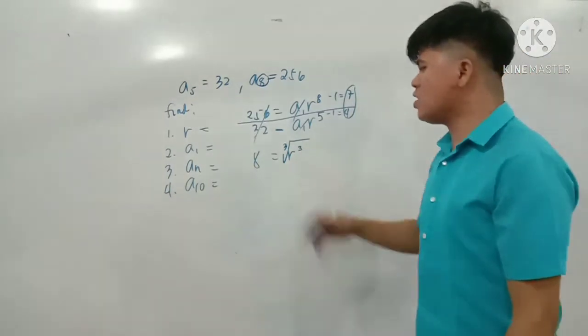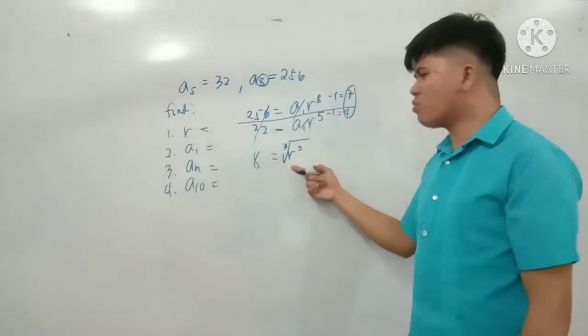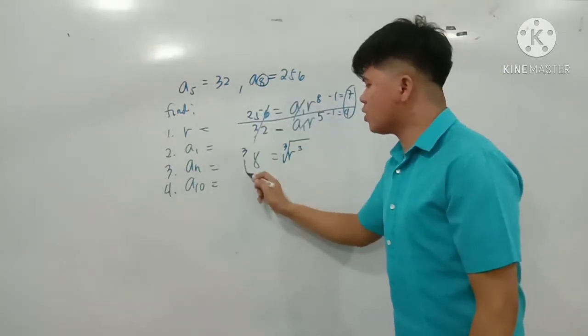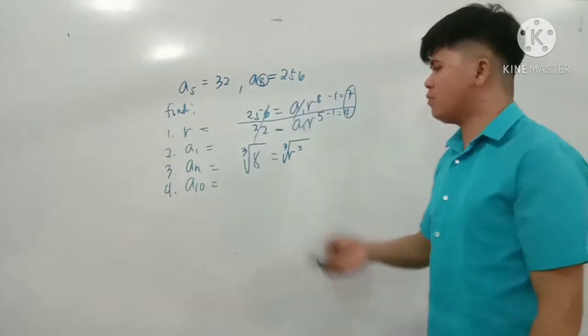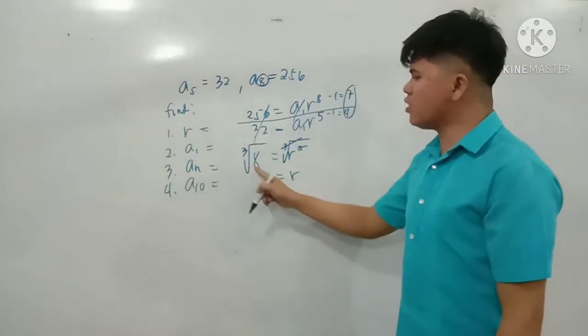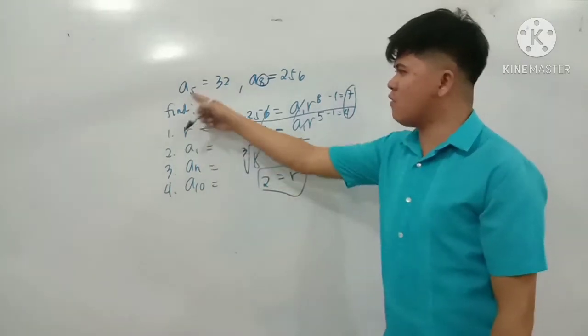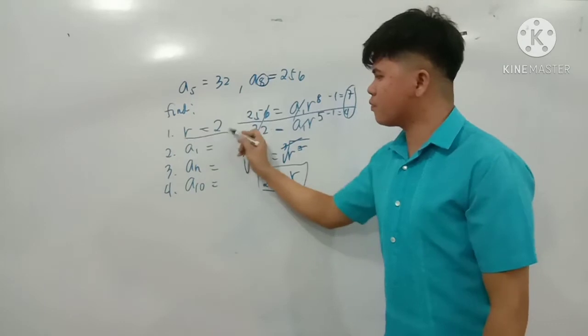Since we apply the cube root on the right side, we also have to apply the cube root on the left side of the equation. Cancelling, the remaining is simply r. The cube root of 8 is simply 2. Therefore, the common ratio of this given sequence is 2.